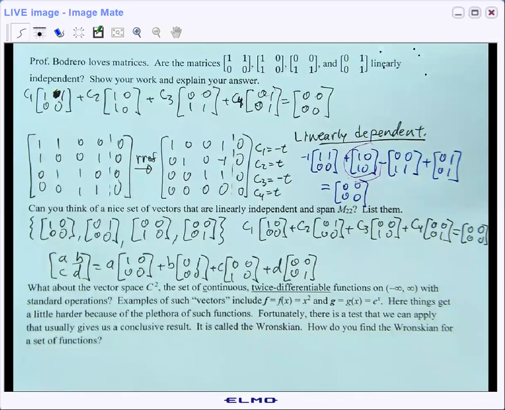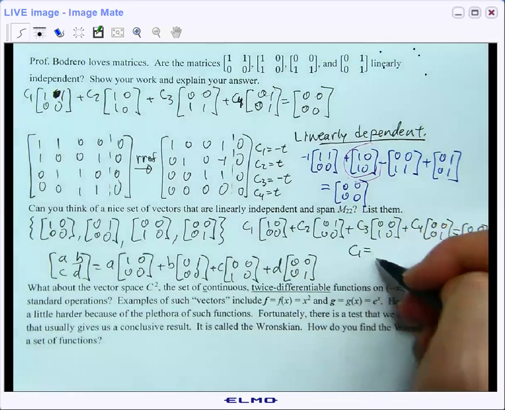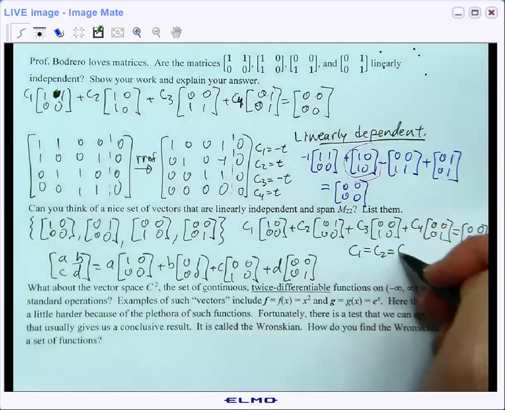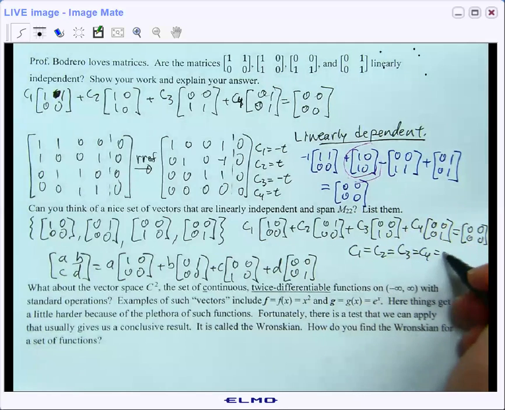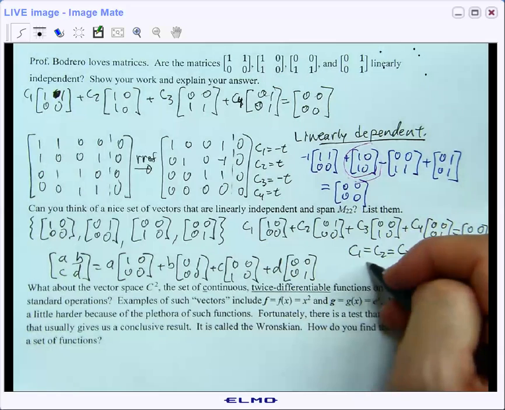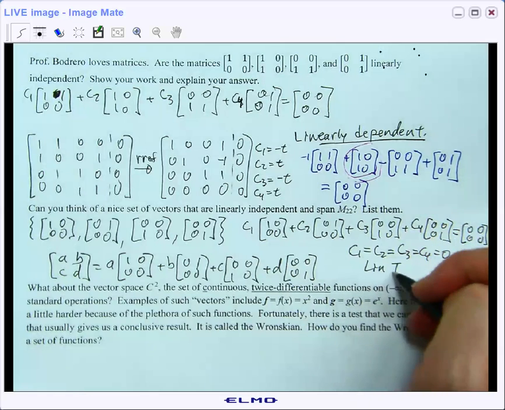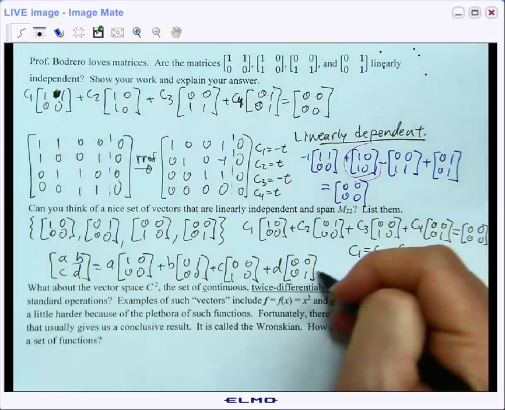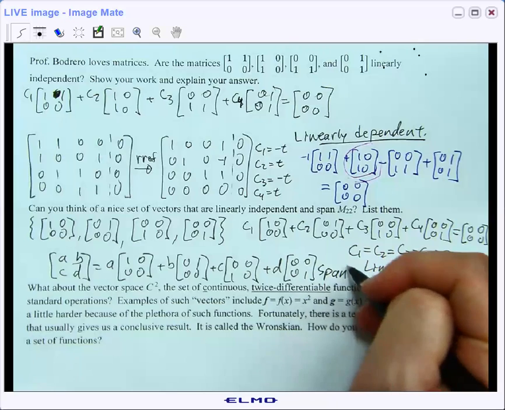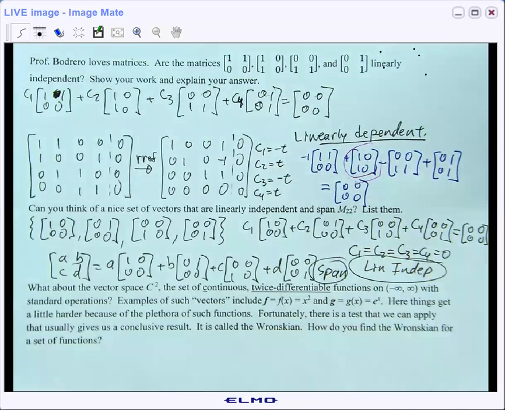The only solution there would have to be all of the c's are 0. So it is both linearly independent and it spans something very important that we will talk about next section. So let's pause right there and we'll get to our next video.